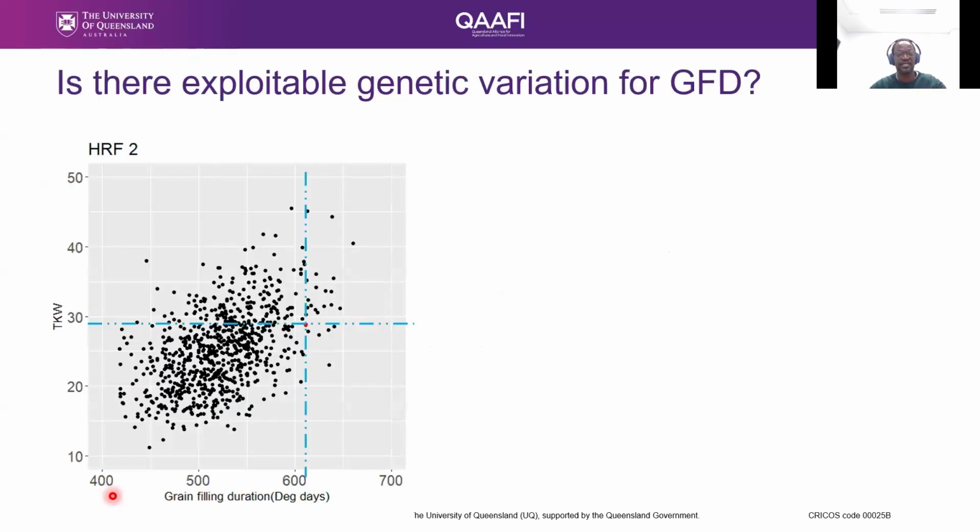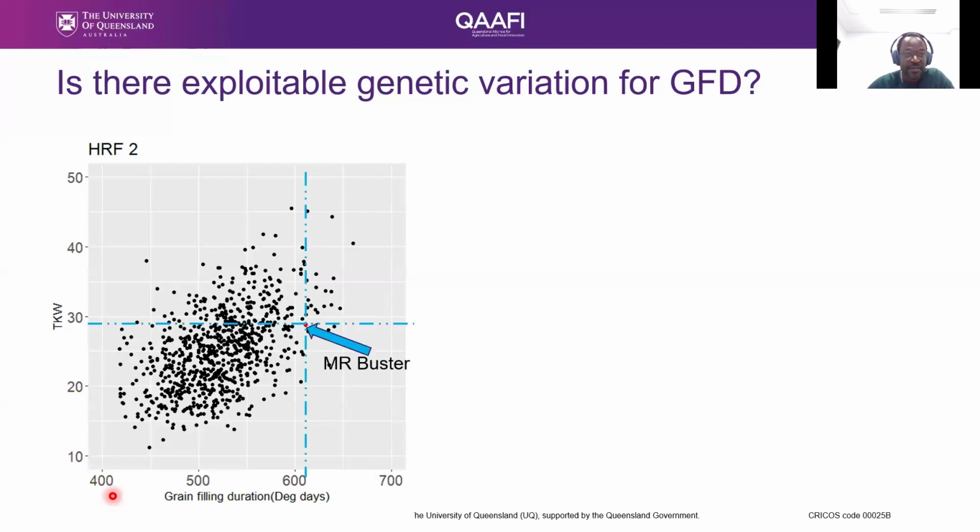So the next question we asked is if there is any exploitable variation in grain filling duration, and could we use it to modify grain sizes? And here the y-axis shows the 1,000 kernel weight, which is a surrogate for grain size, and the x-axis shows the grain filling duration.